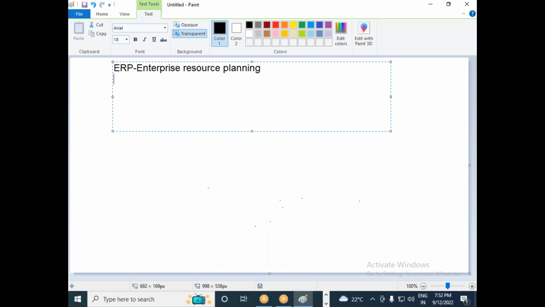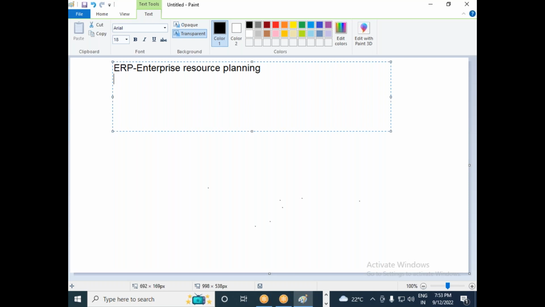Can anyone tell what is the purpose of doing enterprise resource planning in an organization? It is used as a tool in organizations to achieve 100% efficiency, or over and above 100% efficiency, for the resources available.